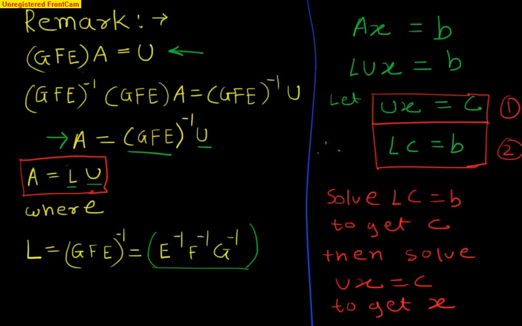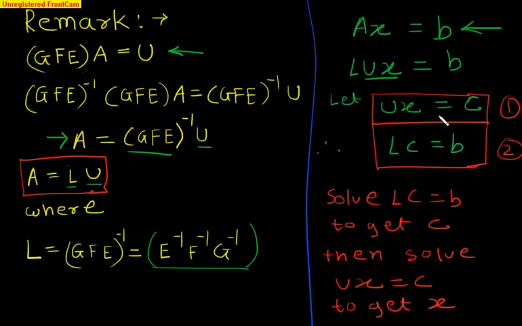What I have written is simply Ax equal to b, equations in matrix form. Now we know A is LU, simple, but Ux I have given one name, c. c is a simple single column matrix which is a vector. You can call it a column vector.